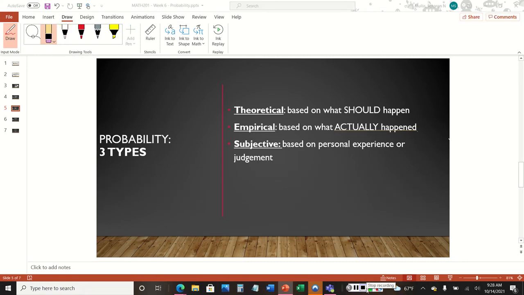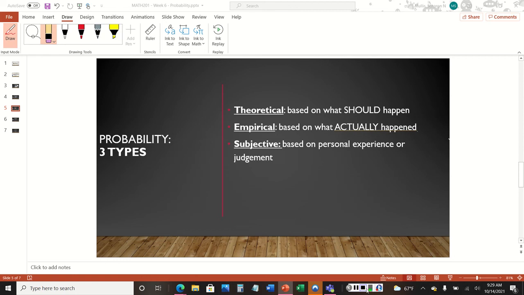So finally, the third type of probability is subjective probability. And this is based on personal experience or judgment. An example of that would be if you got a bad cold, a really bad cold, you're going to say, I'm feeling real bad, I don't think I'm going to get any sleep tonight.